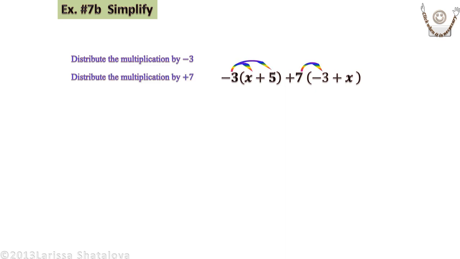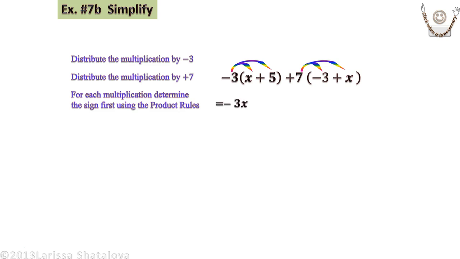But for each multiplication, we have to determine the sign first using the product rules. First group, negative 3 times positive x. Negative times positive would be negative 3x. Negative 3 times positive 5. Negative times positive would be negative 3 times 5, 15.